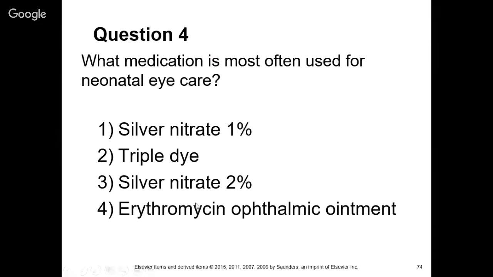What medication is most often used for neonatal eye care? Now, remember, Credé discovered silver nitrate prevents bacterial infections in the eye, but we don't use that anymore. We use erythromycin ophthalmic ointment.